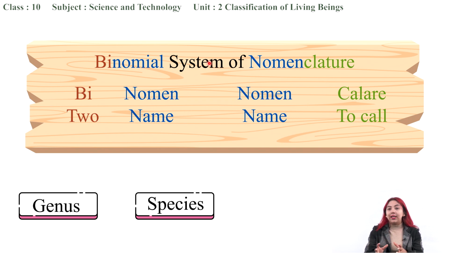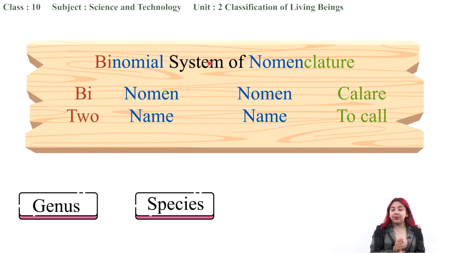So any organism is given two names. The first name is called the genus, which represents organisms that are closely related with each other, but cannot interbreed to produce fertile offspring.